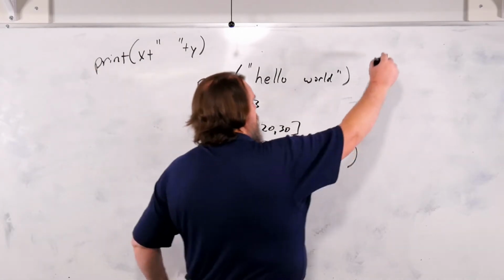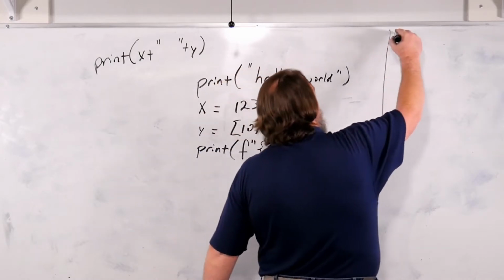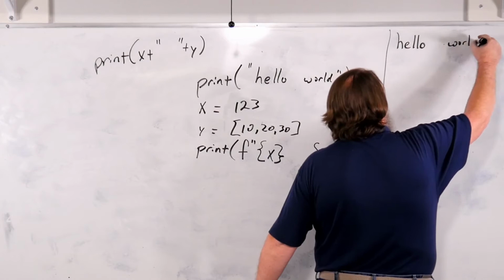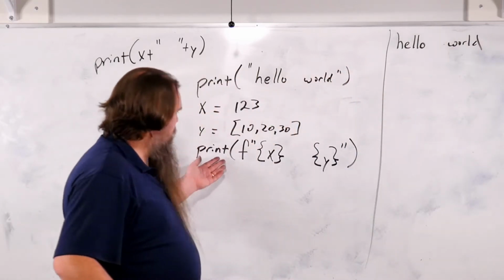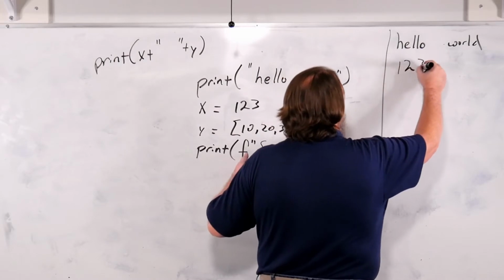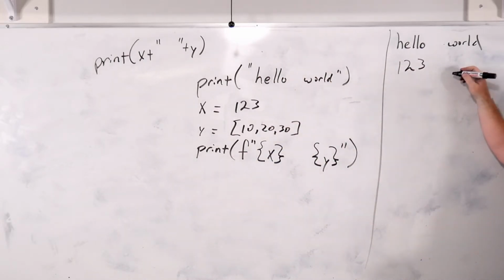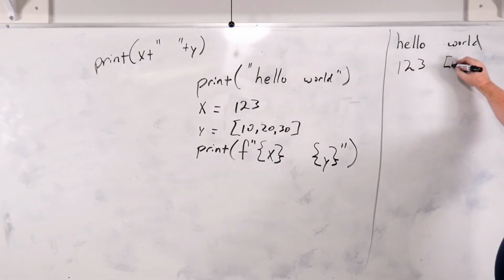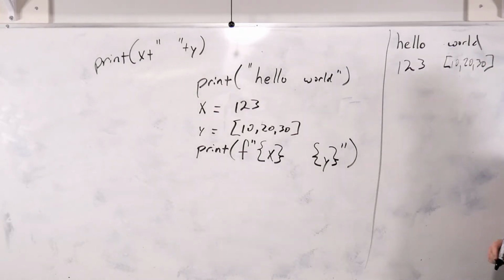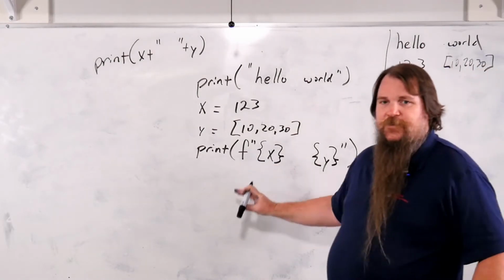First, it'll print from the first print statement, hello world. And then the second one will print 1, 2, 3, space, 10, 20, 30. All right, F strings, beautiful.